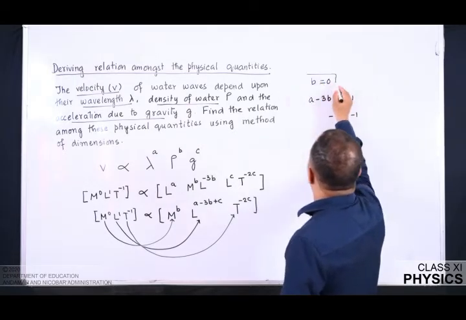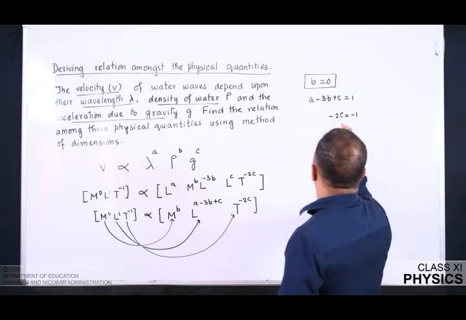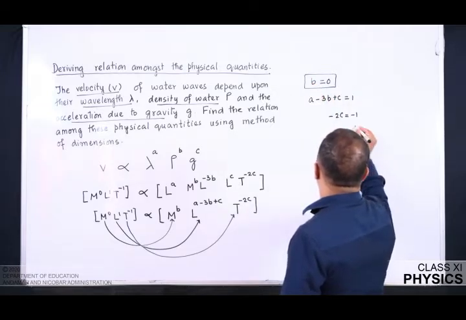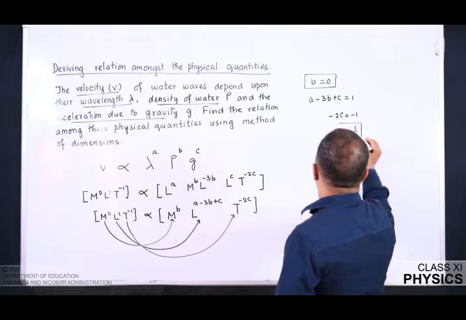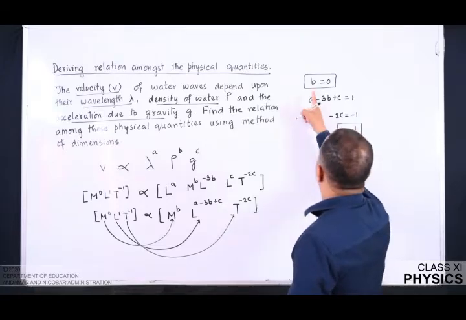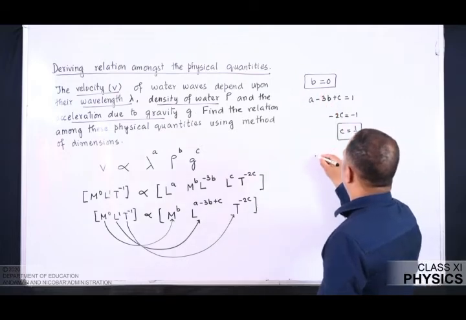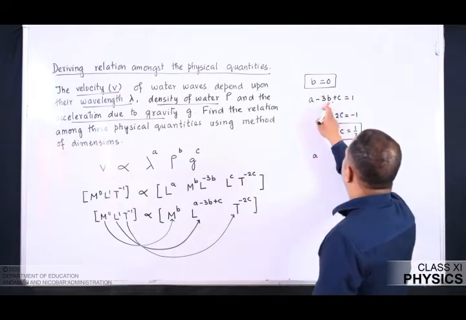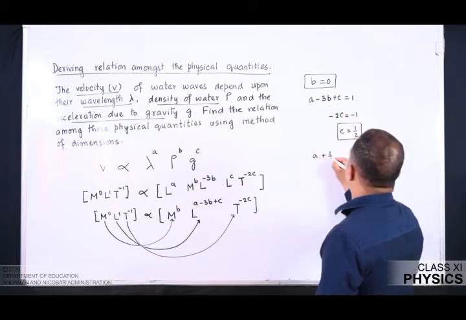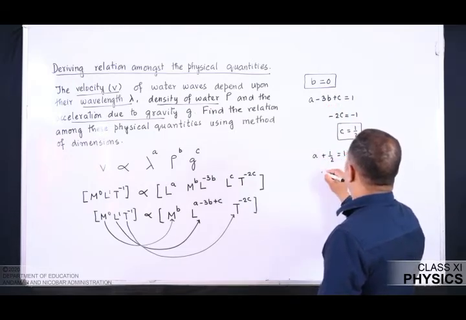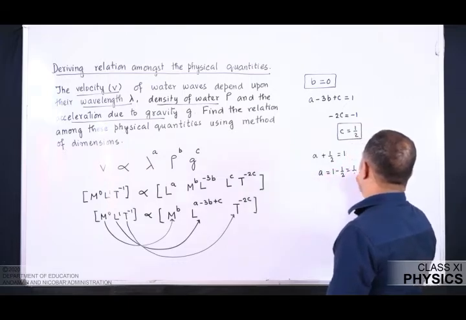So I have got the value of b. From this I get c equals 1 by 2, and I have to get the value of a. I can substitute the values of c and b over here. So b is 0, so 0 plus c, which is 1 by 2, equals 1, otherwise a happens to be 1 minus 1 by 2, equals 1 by 2.